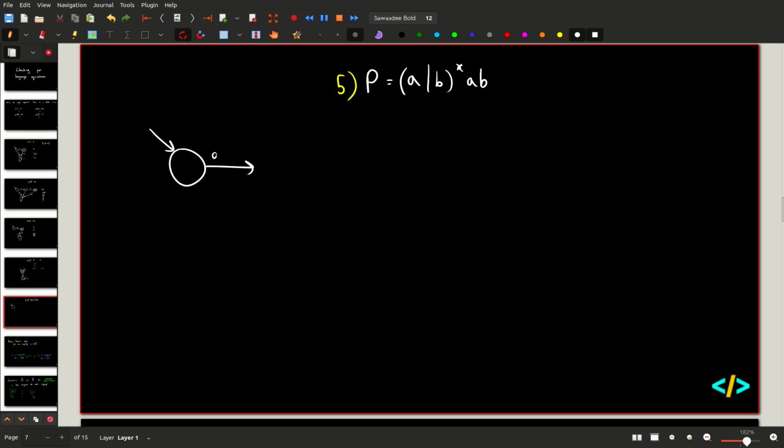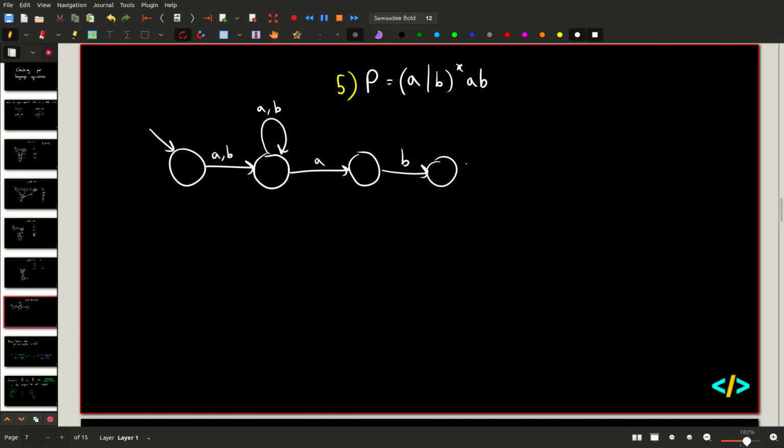So A from there. Sorry, AB. And then the loop. Yeah, A, B, and now you have the ambiguity here. You put another A coming out of this one. Then a B, and perfect, that's the accept state.